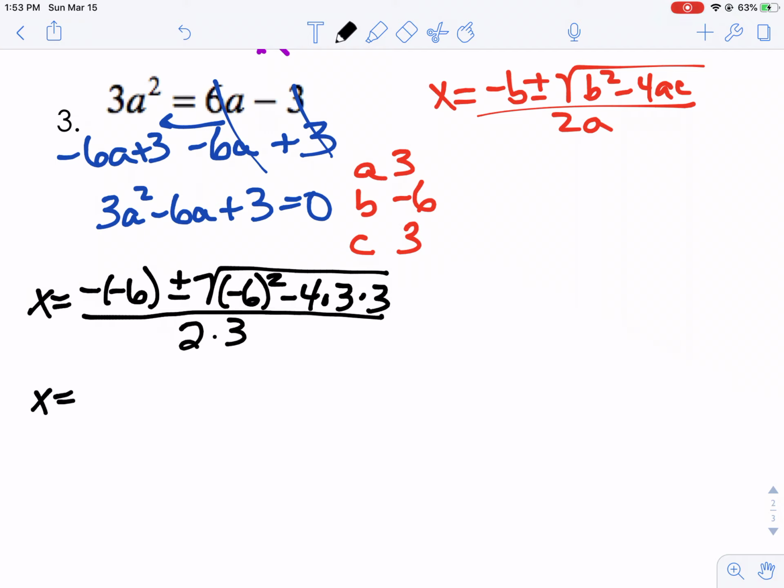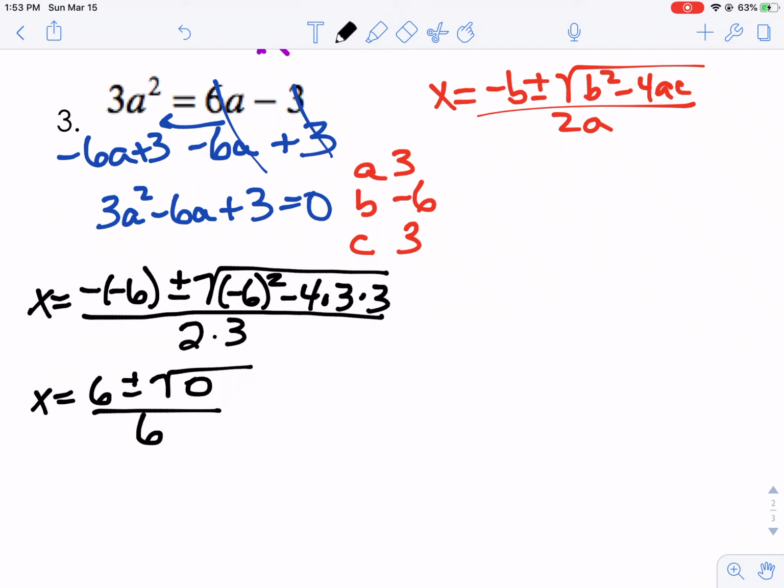All right, cleanup time. Negative, negative 6 is positive 6, plus or minus. Now we need to type in negative 6 squared minus 4 times 3 times 3. So let's see. I think that gives us a 0. It does. All right, all over 6.